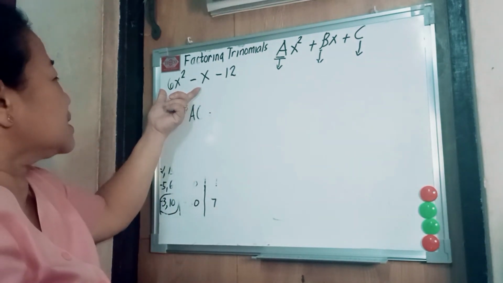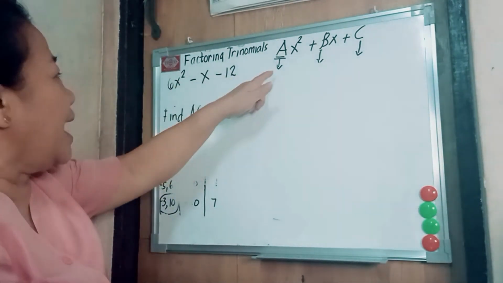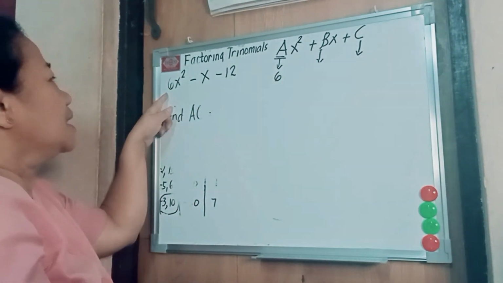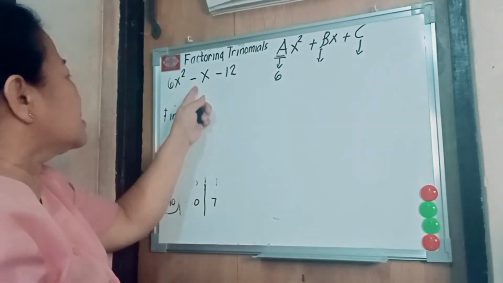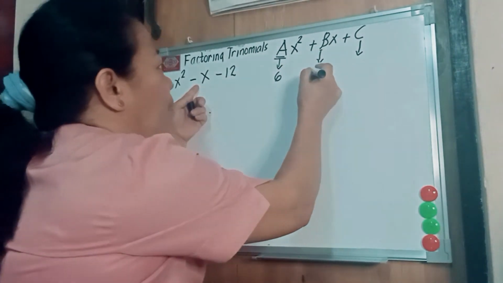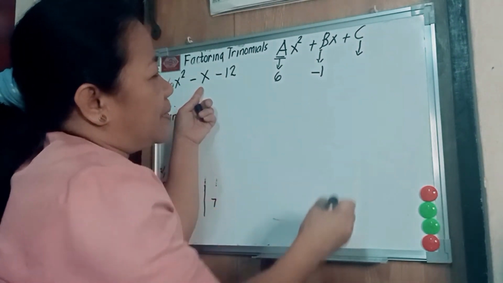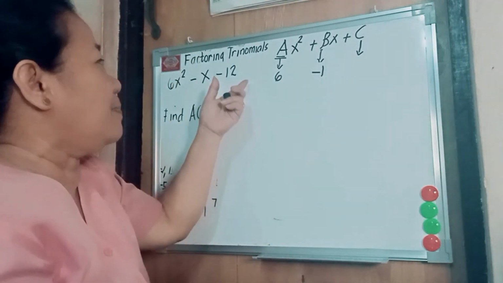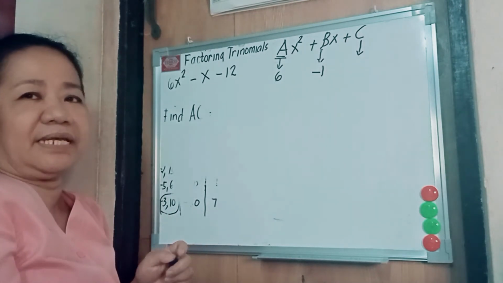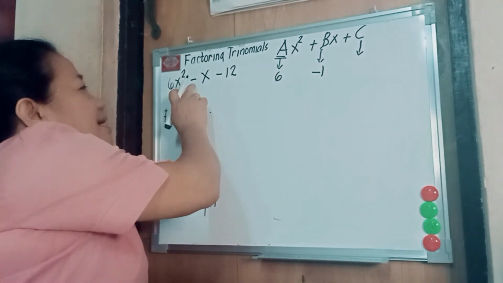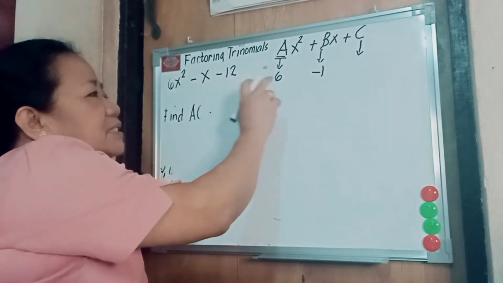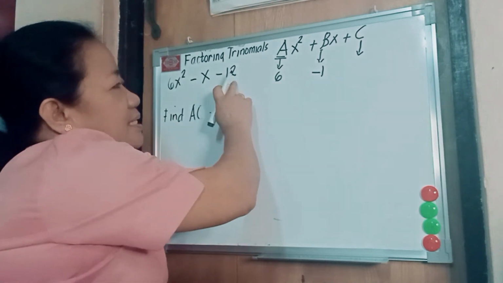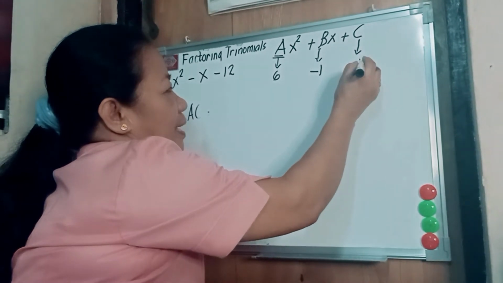So, from this trinomial, your A is 6. Your B is negative 1. Always remember that if there is no number written before the variable, understood that is 1. And since the sign here is minus, it must be negative 1. And your C is negative 12.